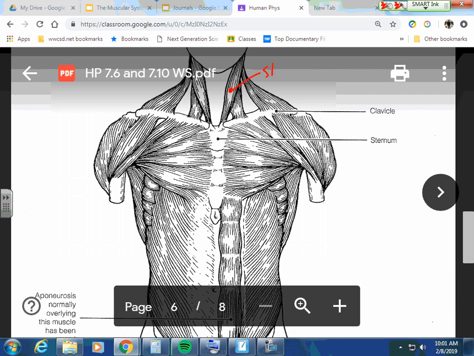All right, so here's a front view of the sternocleidomastoid. All right. So we also have in the shoulders the deltoid muscle. We have in the chest, pectoralis major.